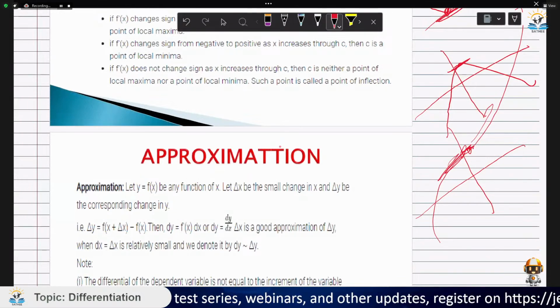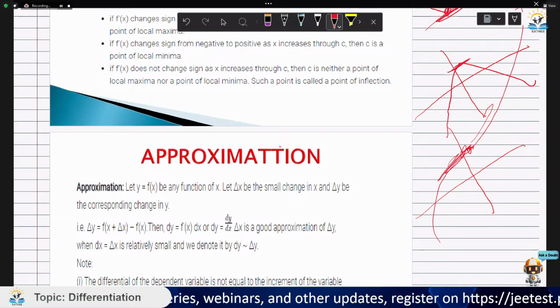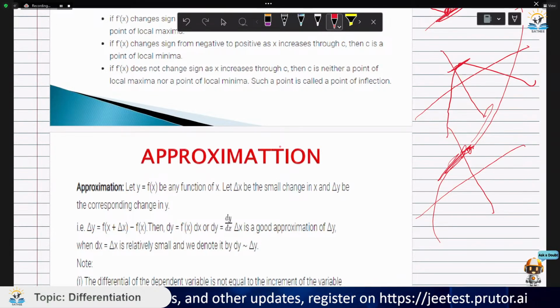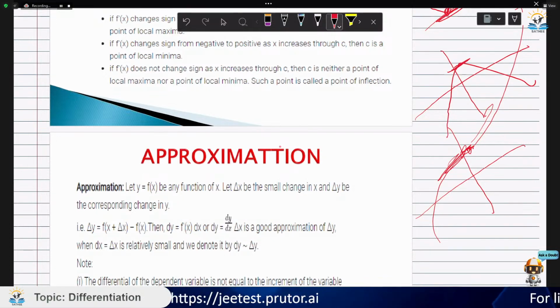Collecting terms, dy by dx becomes minus sine of x plus y upon 1 plus sine of x plus y, right?